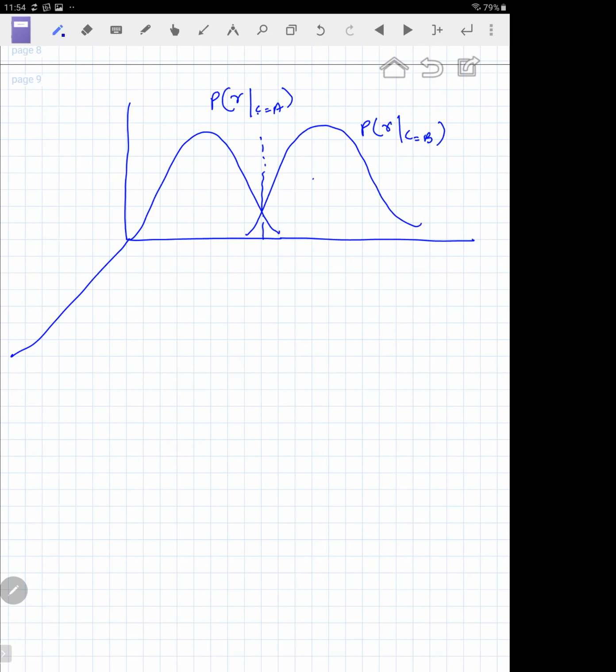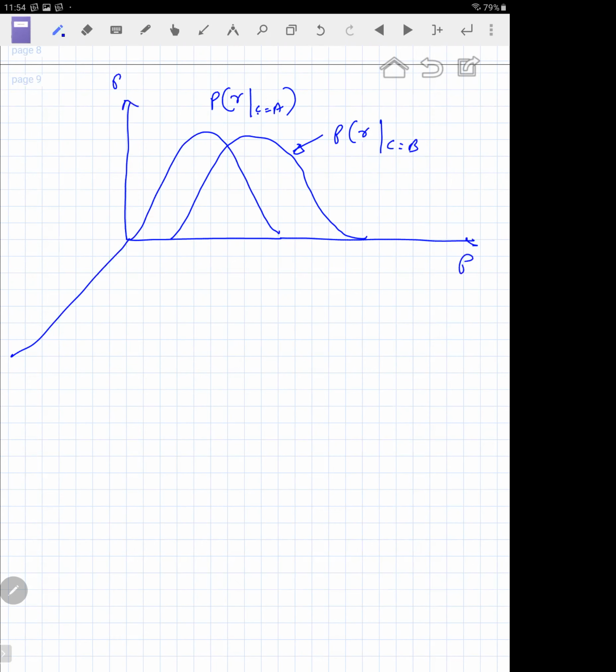All fine and dandy, but in real life, that might not be the case. We might have something more like this one. Probability of R given CT equal to B. This is price. This is your probability of R.